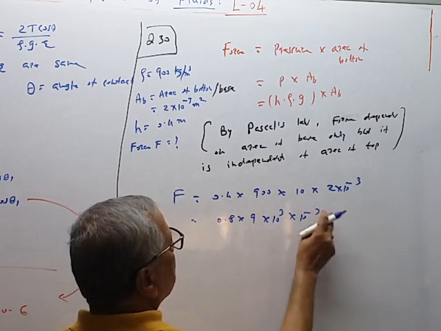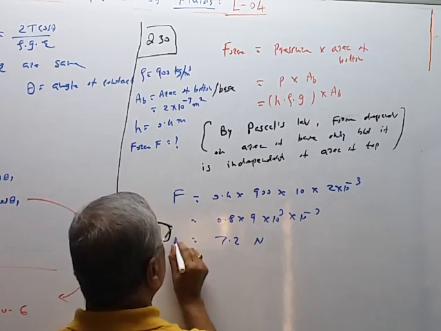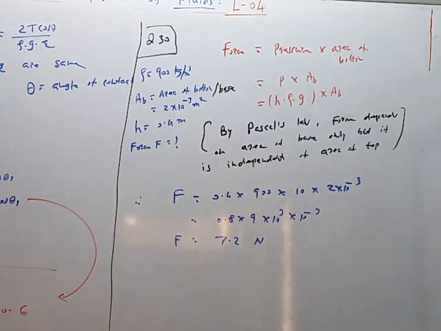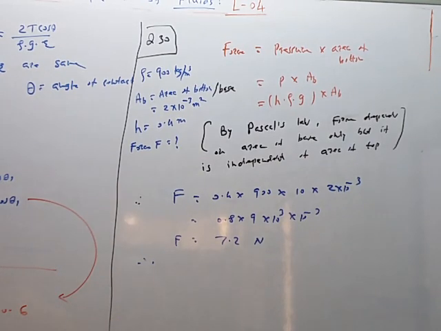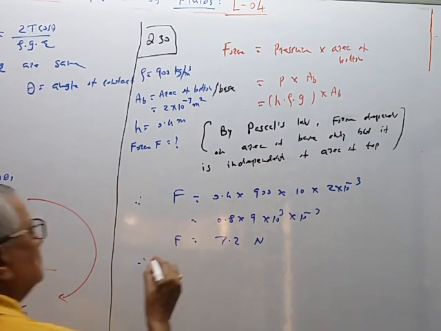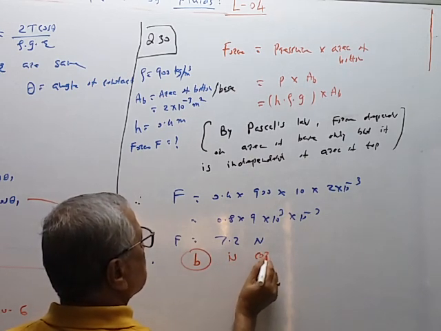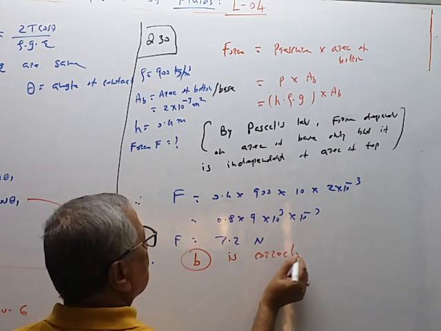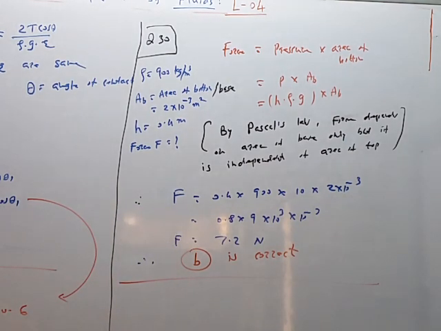So 10⁻³ and 10⁻² plus 3 minus 3 cancel. So this is equal to 7.2 Newton. Therefore, B is correct.